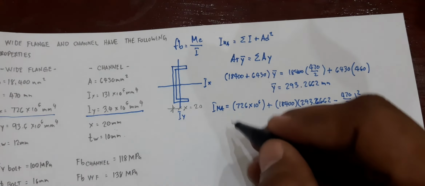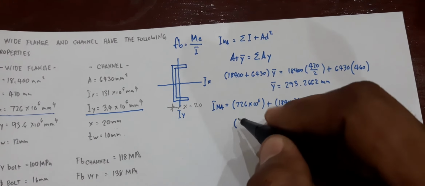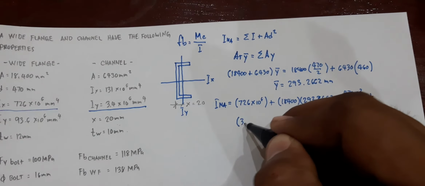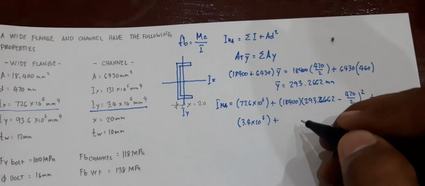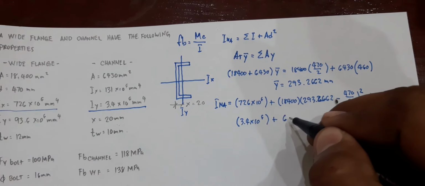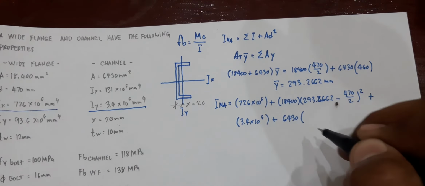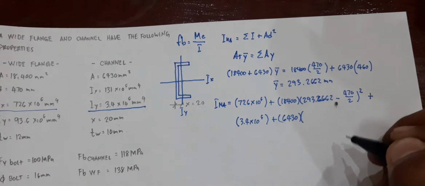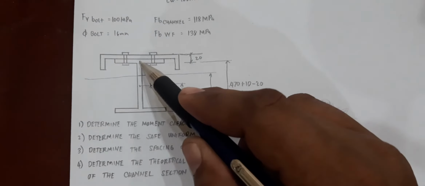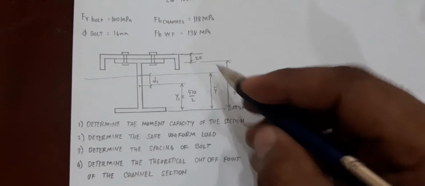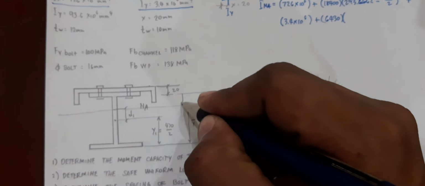Next, we go to the channel. For the channel, you would have Iy in this particular case, that is 3.4 times 10 raised to the 6, plus A, which is 6,430, times d squared. D in this particular case is, again, going back to the definition, the distance of the centroid of the section to the neutral axis. Let's write this down, neutral axis. So you would have your D2 to be this one.